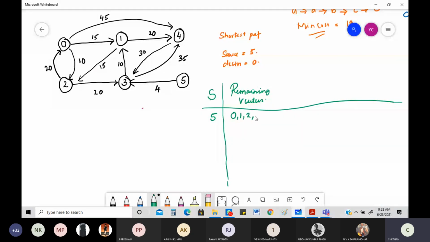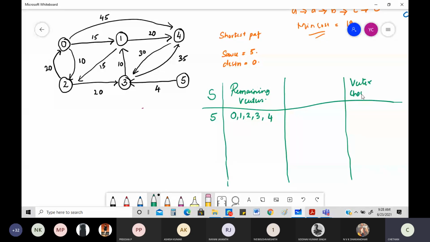Okay, then the most important part. What is that most important part? You need to figure out the minimum cost. That we are anyway going to see later, and I'll give the name or heading later. Then you need to choose what is known as the vertex chosen. The vertex whichever you choose, you need to mention here.